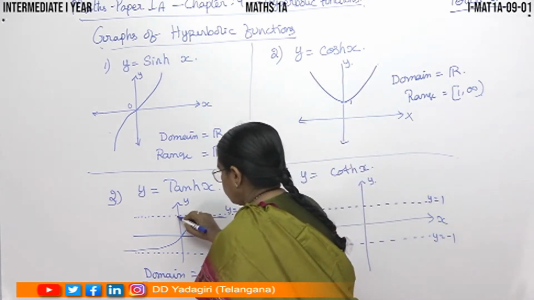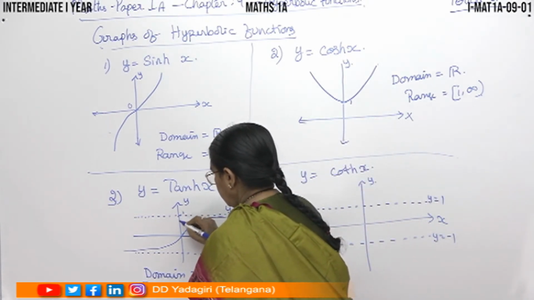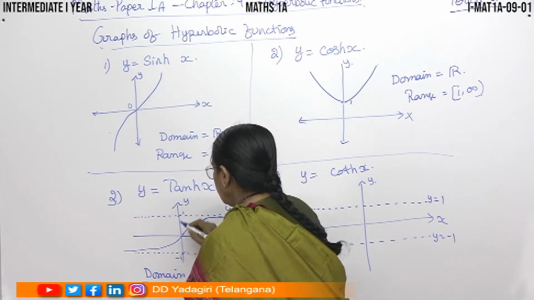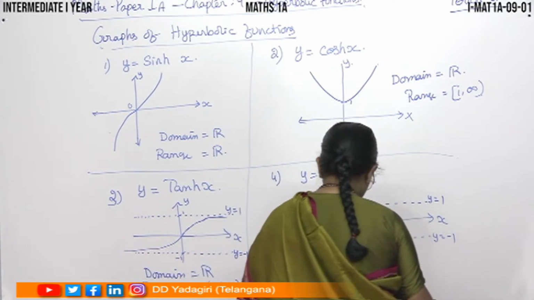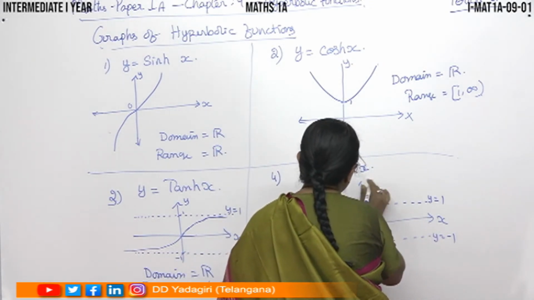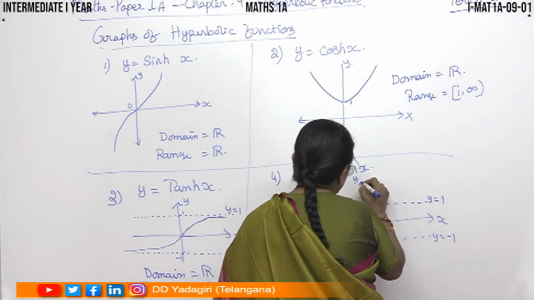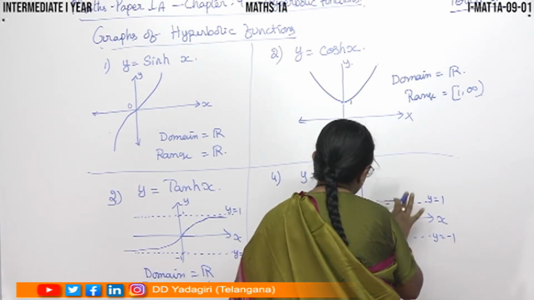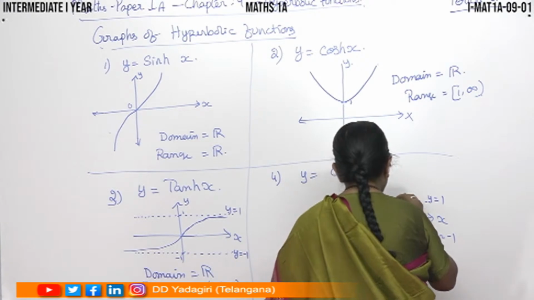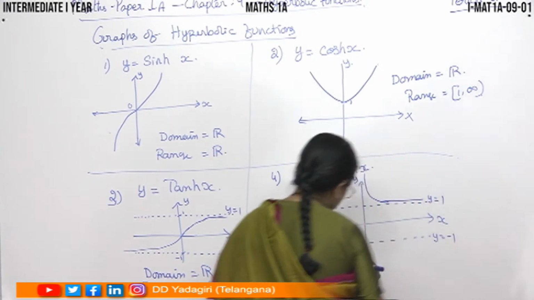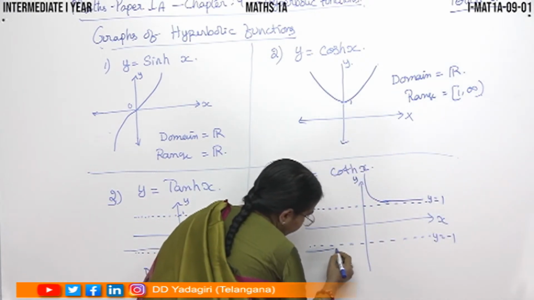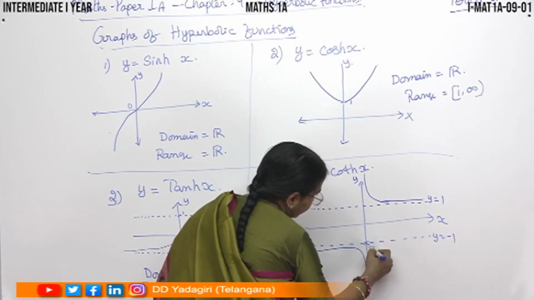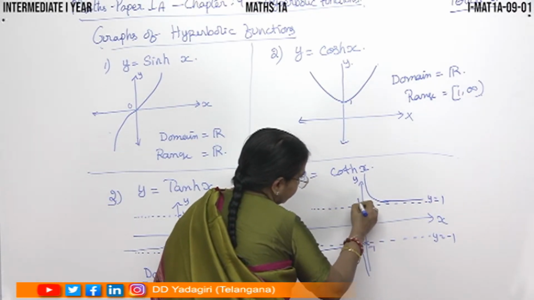So this point is 1 and this point is minus 1. Now you have the graph like this. It takes values from minus infinity to minus 1, and from 1 upward.